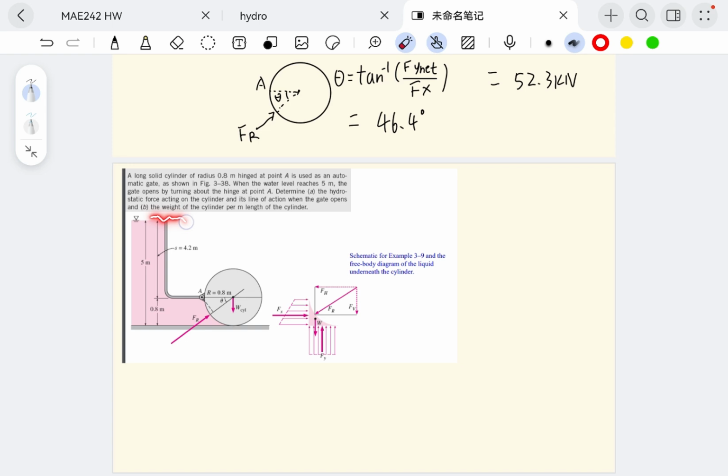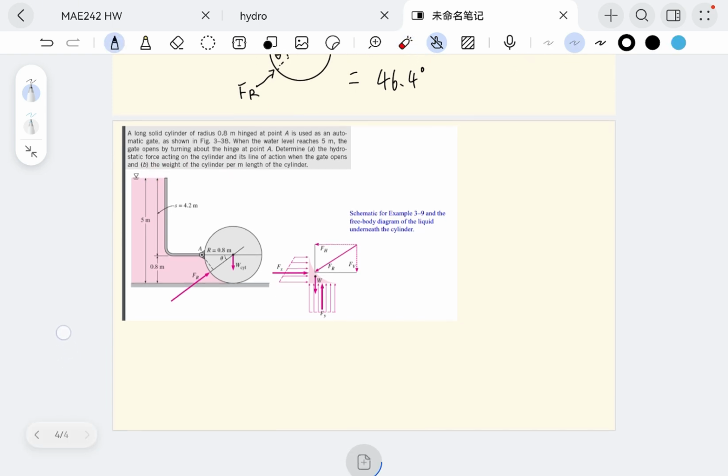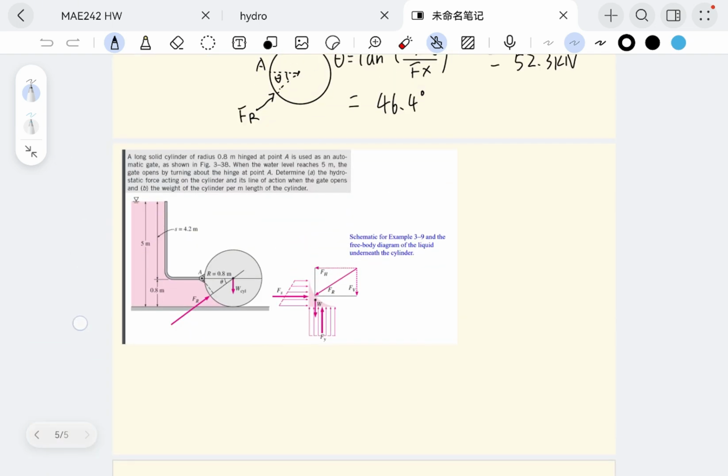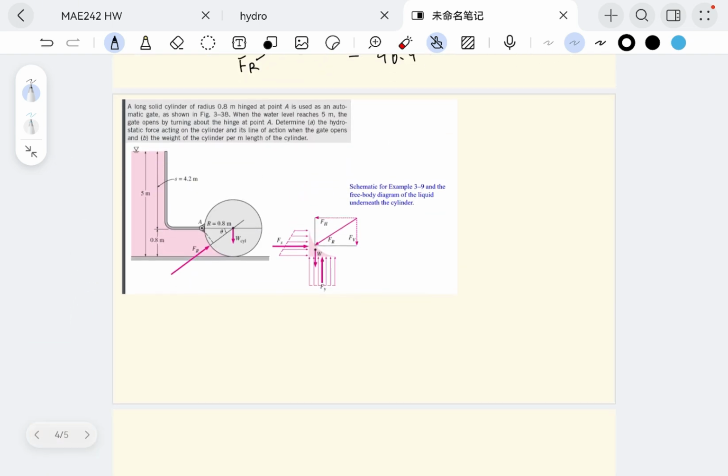We are also looking for the weight of the cylinder when this gate is just about to open. How do we find that? Since the gate is rotating about A, we know that the sum of the moments at A equals 0. That way we have the system stationary.